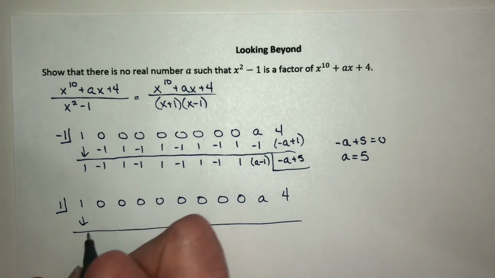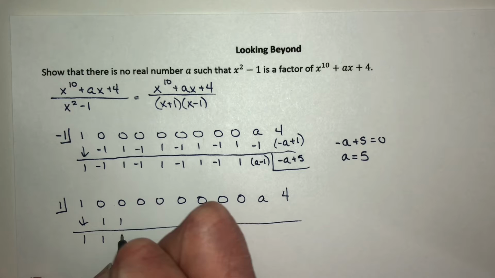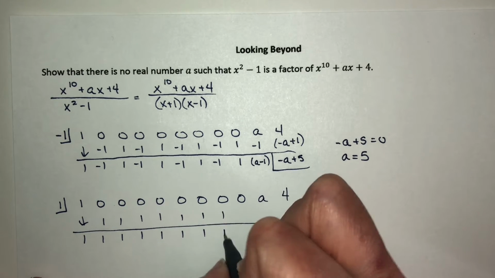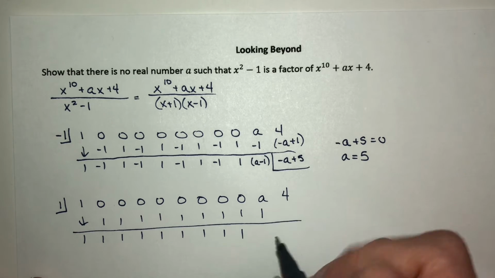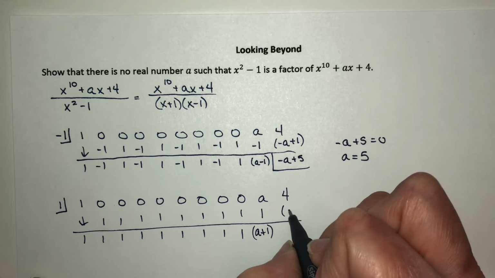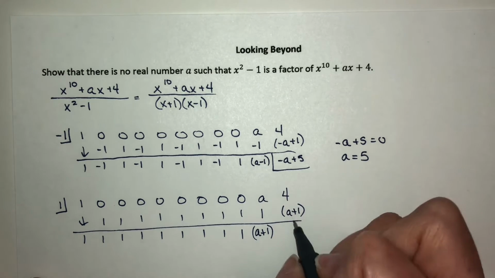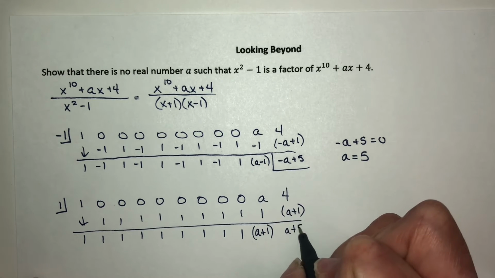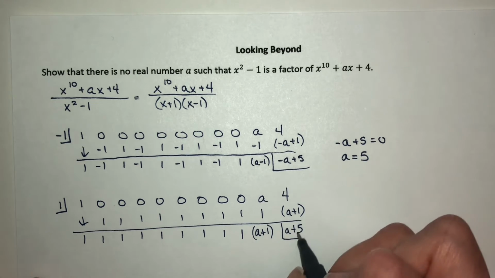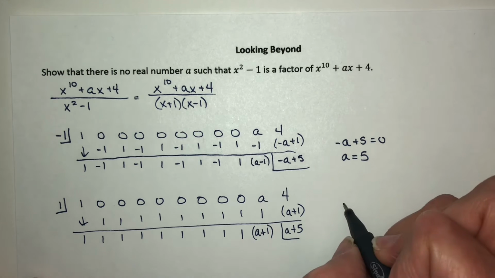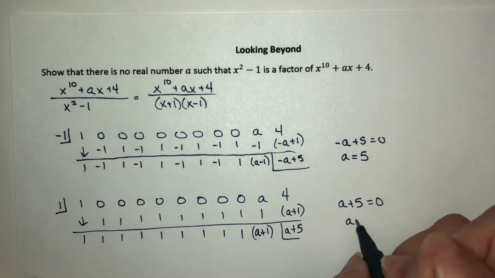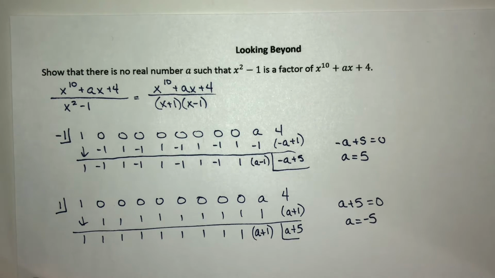It's just going to be a whole bunch of 1s. And now I have a plus 1, which is a plus 1. And now add, and I have a plus 5. That's my remainder. I need to set this equal to 0 to figure out what a value would work. And you get a has to be -5.